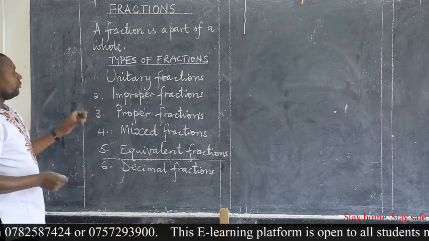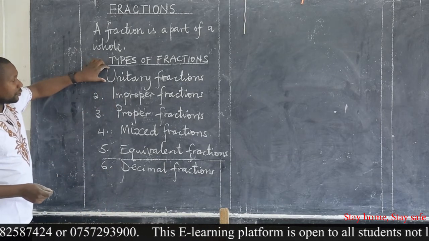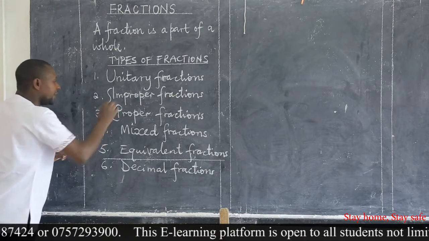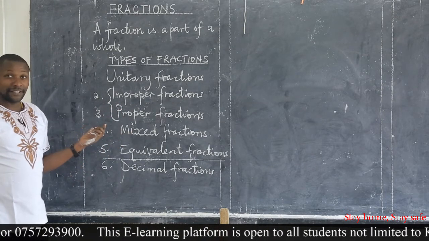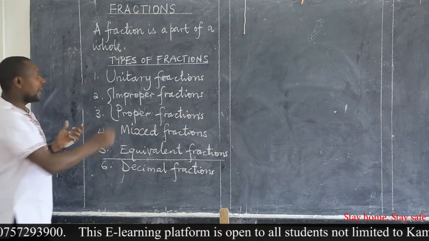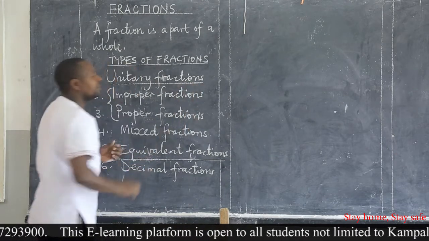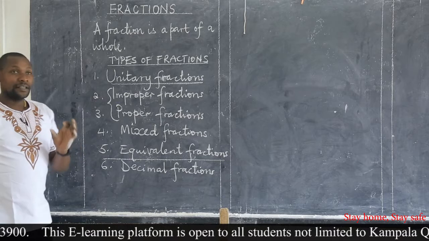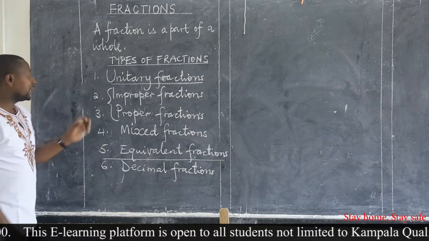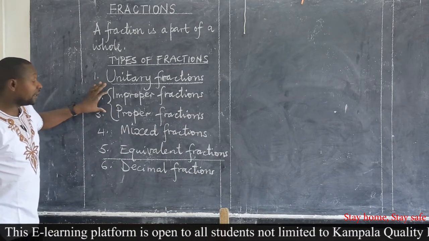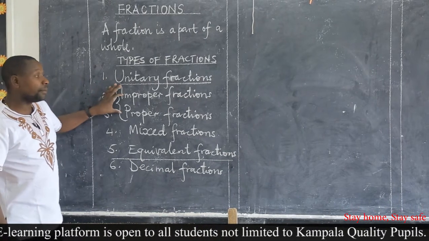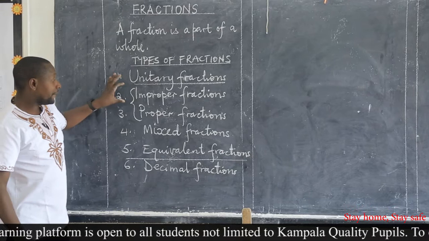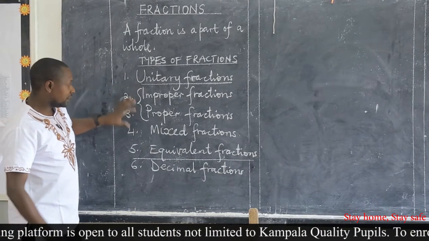So, I want just to explain this one, but my emphasis today is between improper and proper. Okay? Hope you are following me. I'm going to talk about only unitary fractions. Then you'll give me some examples. Then my emphasis is under improper fractions and proper fractions, if not mixed.